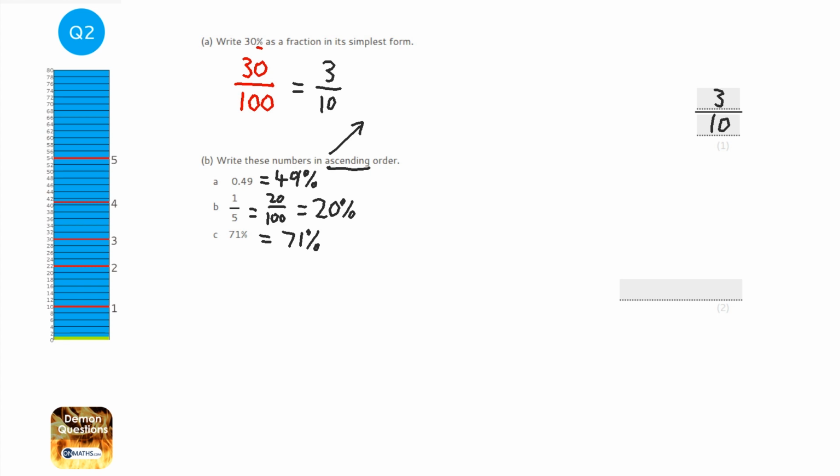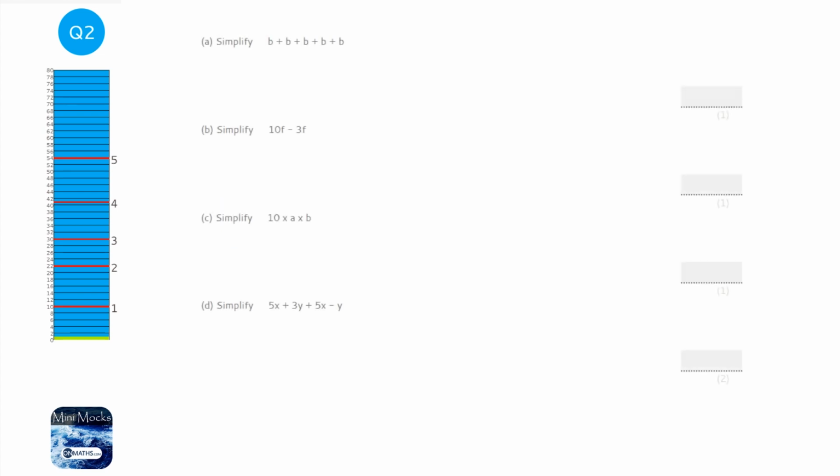So it's really important that you write in the numbers in the question rather than the ones that we wrote. So we're going to start with the smallest, which is 20%, which was 1/5, so don't write 20%. Then 49%, which is 0.49, and then finally 71%.